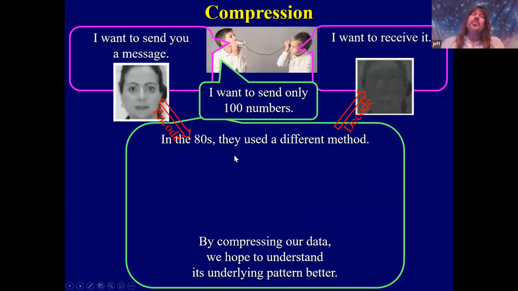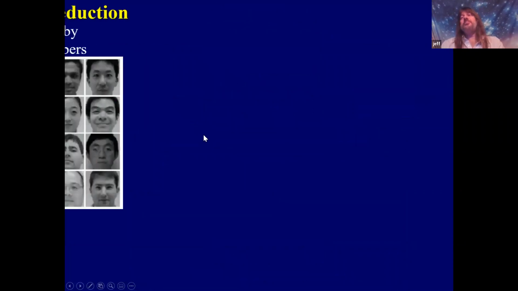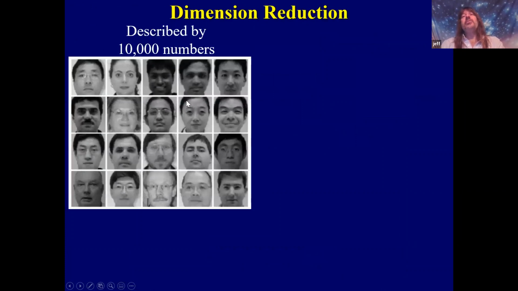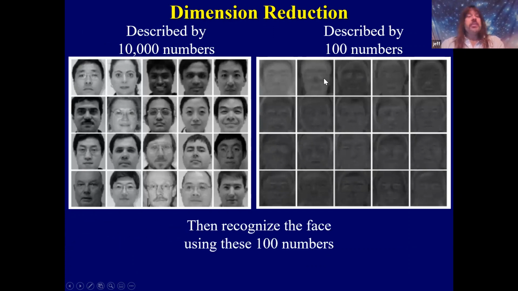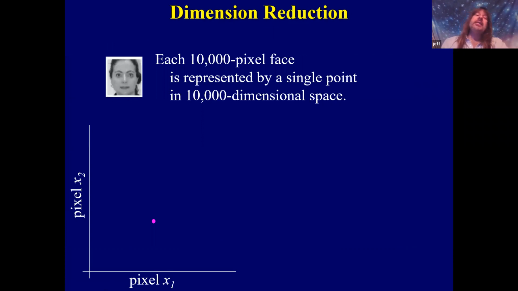I don't really know when this method came about. I've certainly known about it for a while, so I just wrote down the 80s here, but I don't really know. All right, so here we have images all looking straight ahead, and we want to compress them from 10,000 numbers to 100 numbers, so that we can use those 100 numbers somehow.